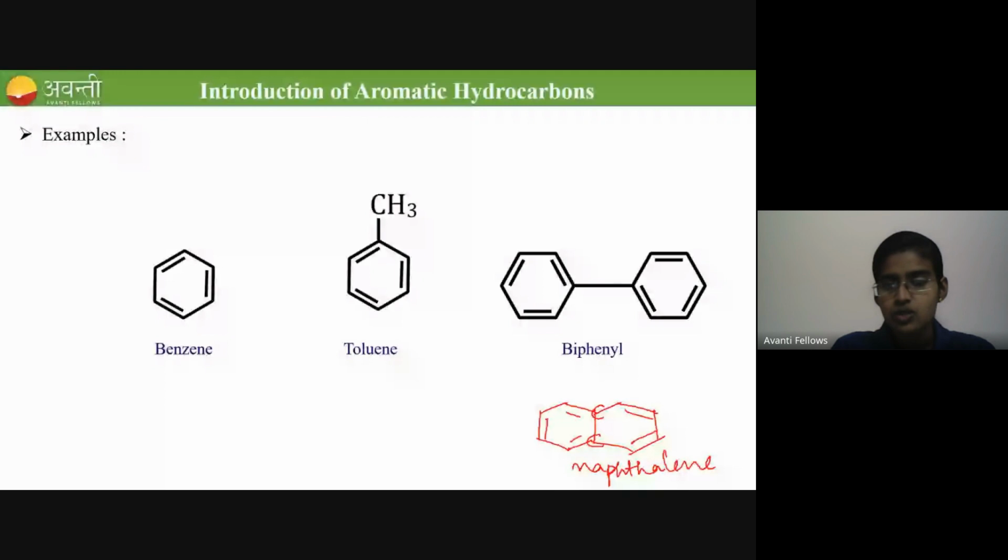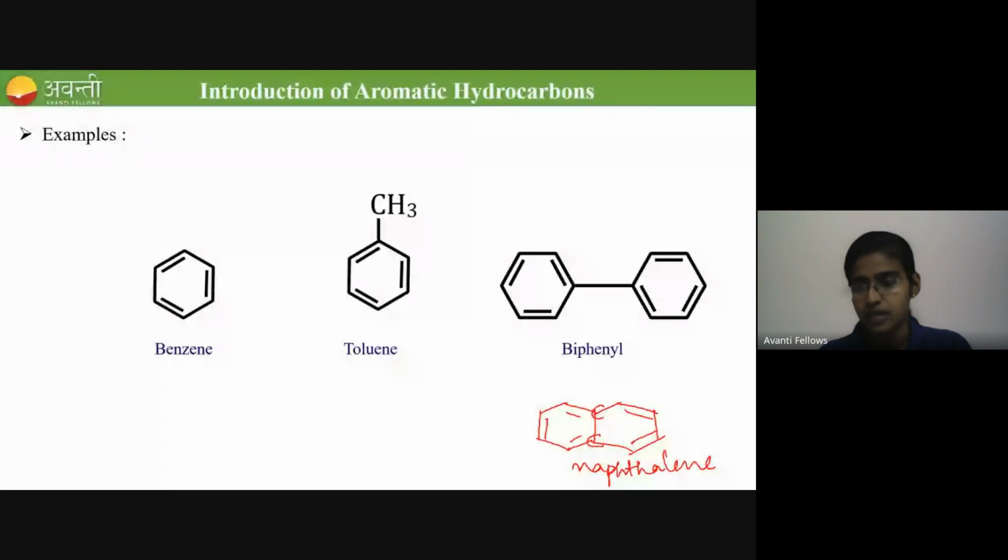These two carbons are common for both rings, but we have to consider those carbons, because without those two carbons this ring would not have formed, right? They are just fused together. This is one 6-membered ring and this is another 6-membered ring. I didn't say that the ring contains 6 carbons of its own; I said it is a 6-membered ring.